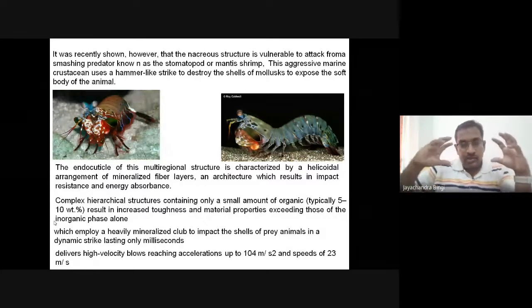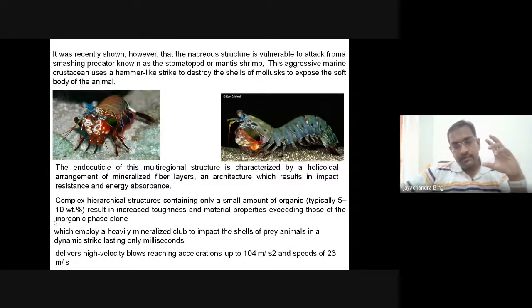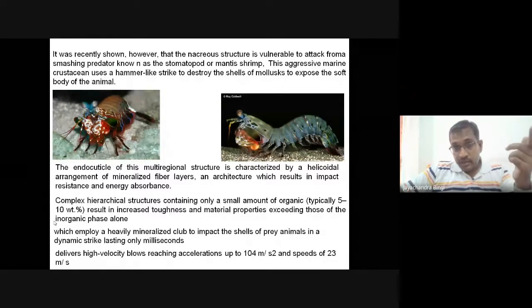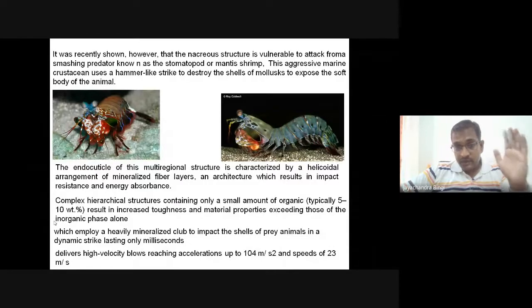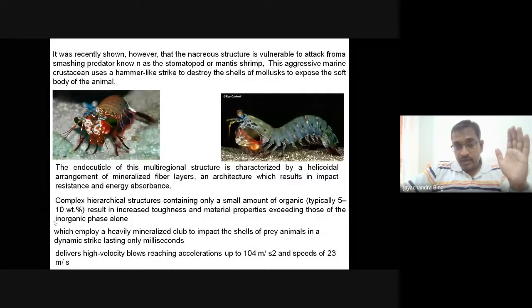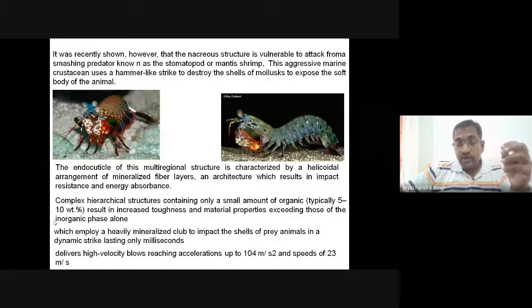As far as bio inspiration is concerned, you always remember in mathematics, if the number of parameters is high in a function, then solving that function is going to be difficult, or the form of the function is going to be complex. Everybody knows this. In your mathematical physics or engineering, you must have learned it.